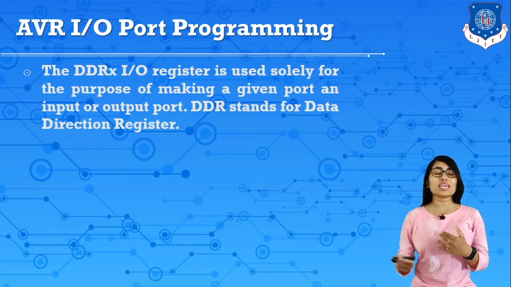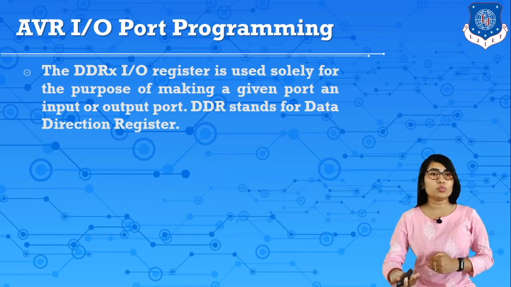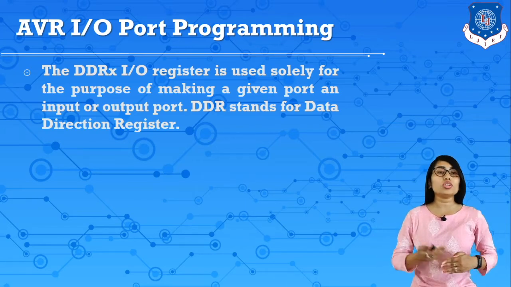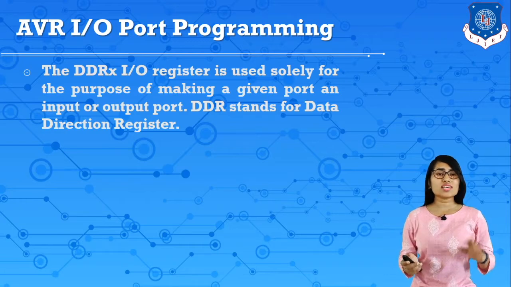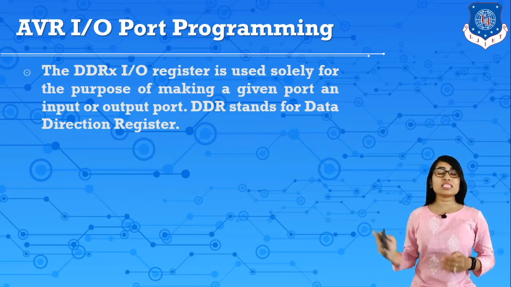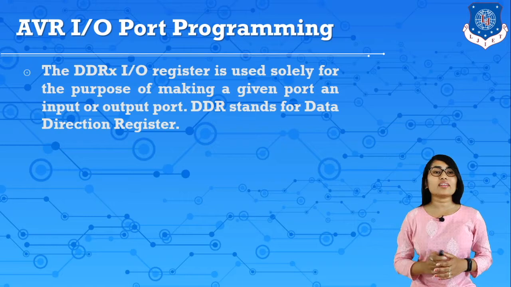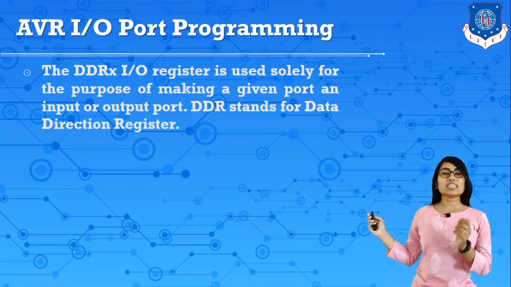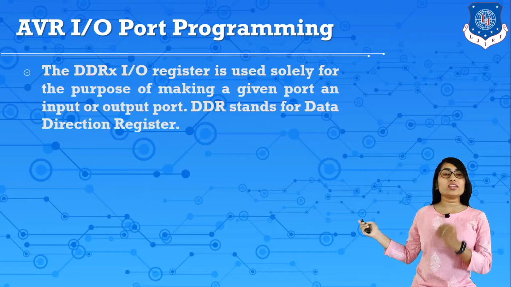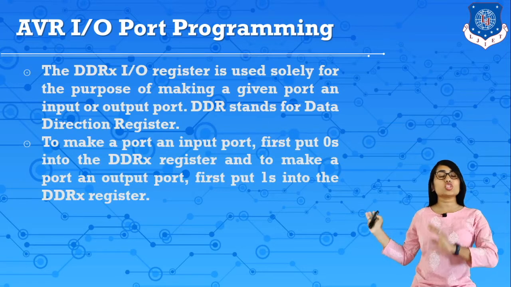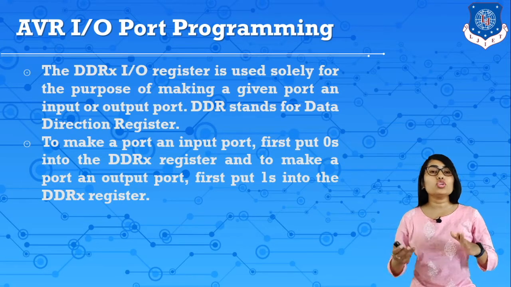We can assign a port either as input or as output. Whether a port is used as input or output is basically decided by the DDRX register, which denotes that the port is used as either input or output.